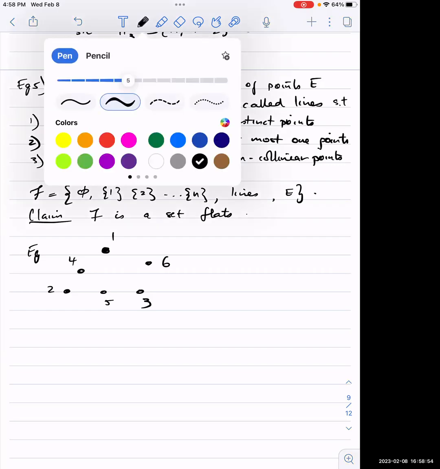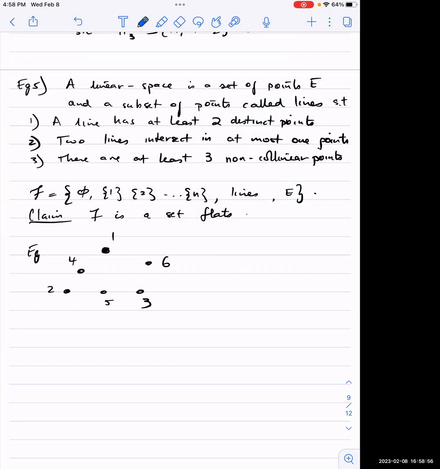Now every pair of points will determine a line. We don't draw the 2-point line, something like this where there's just a line between a pair of points, but we draw the non-trivial lines. So that would be this one here and this one here. We want a line going through 1, 4, 2 and a line going through 2, 5, 3.